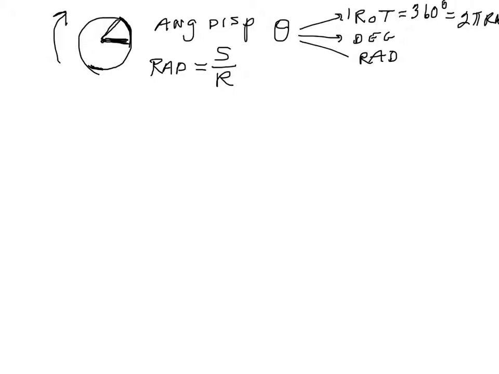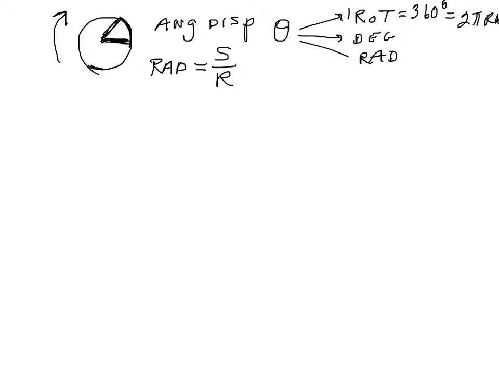And when we have 1 radian, just to get a sense, if you look at it, you can see it's about 60 degrees.